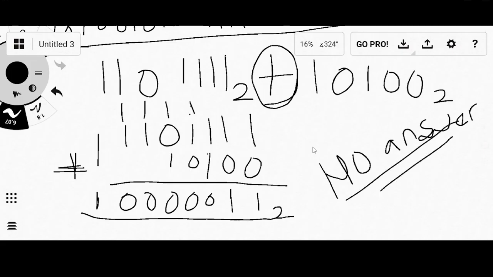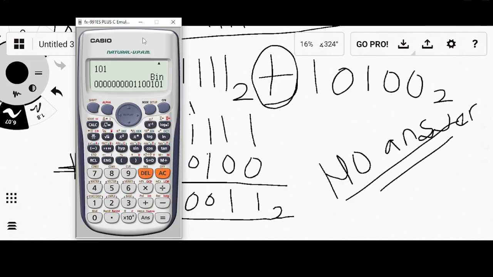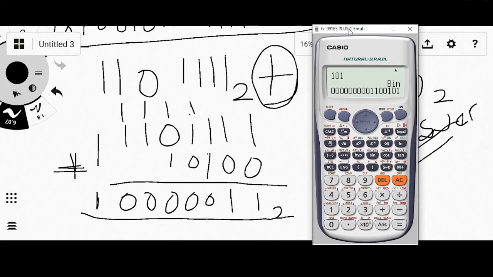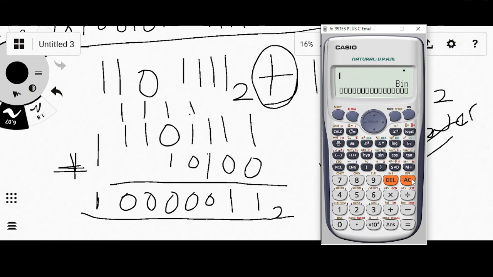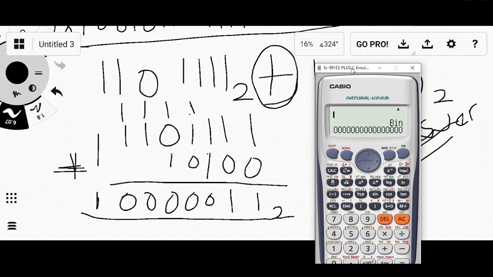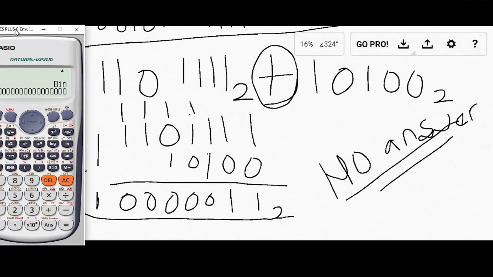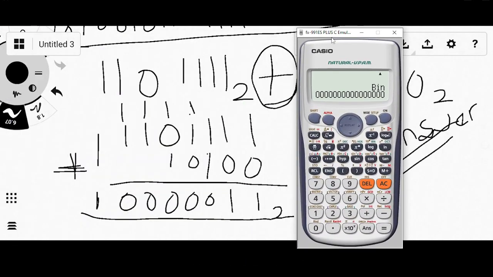So this is just me talking. Let's see what the calculator has to say. This is in binary mode already, so I can just calculate my way. Let me type in this one.